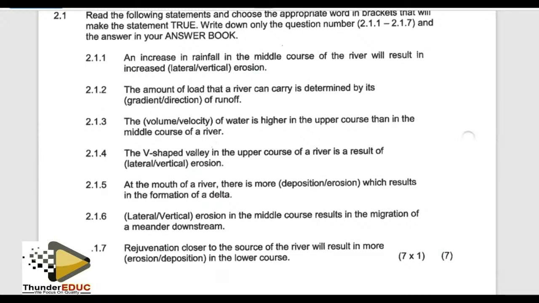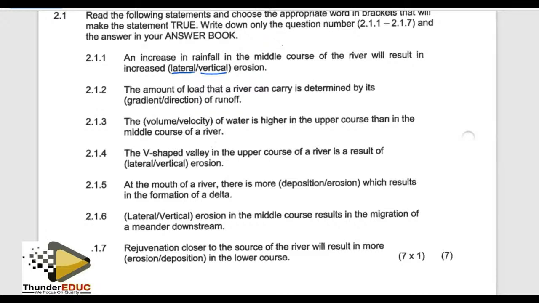So I could say there will be more lateral erosion. But even vertical erosion could be a correct answer, because we know the more the rainfall, the stronger the river, increasing its vertical and lateral erosion. So both options could be correct.